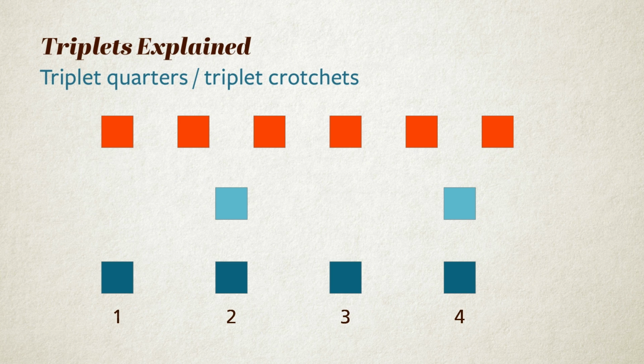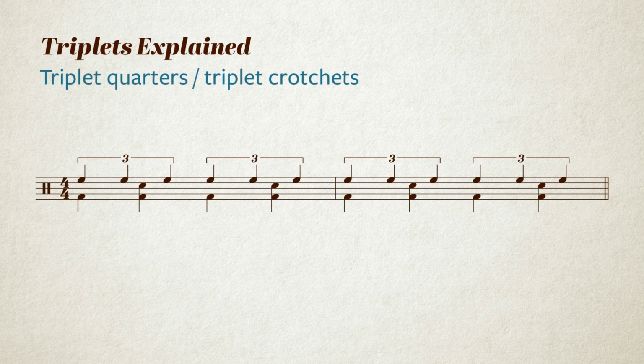To work out the placement of these triplet crotchets, you can use the triplet quaver count as a reference, like this. And to write this out, we'll use triplet crotchets, or triplet quarters, by grouping them together with a bracket and a number 3. Here it is again.